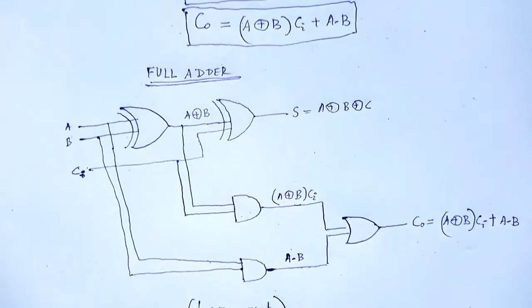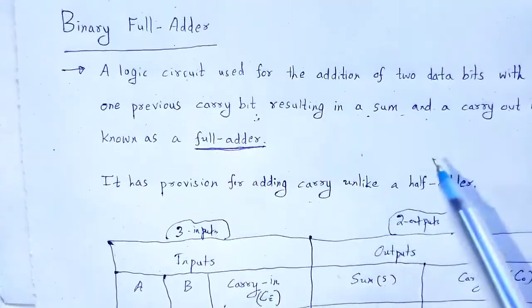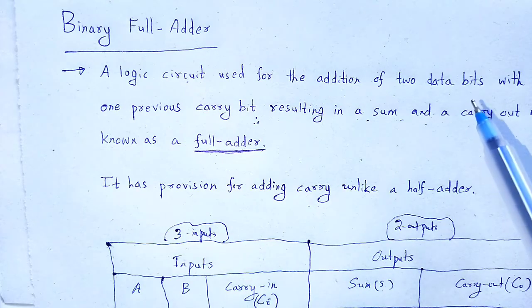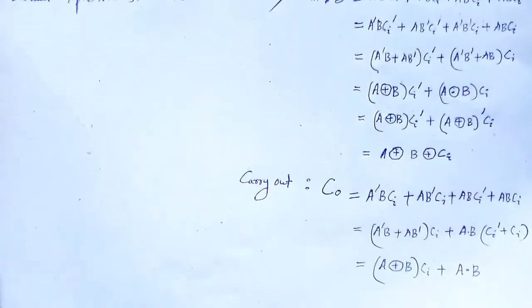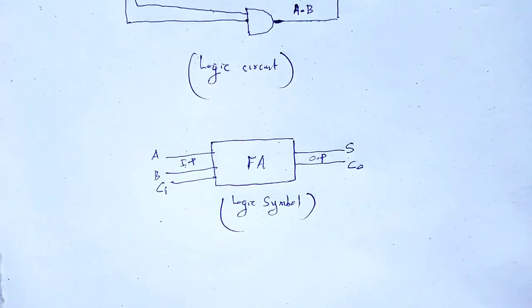In full adder we perform the addition of 3-bit data. Therefore, by using full adder, more than millions of additions in a second can be performed.